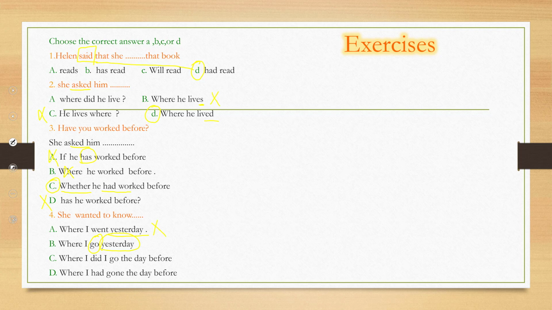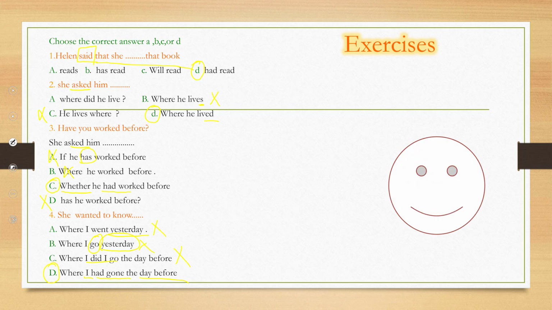The third one, where I did or where did I go, I shouldn't use did in the question, so it's also not correct. The last one, where I had gone the day before. Here, I added where, and then followed by subject. The verb is changed into past perfect, and yesterday is changed into the day before. Is correct.